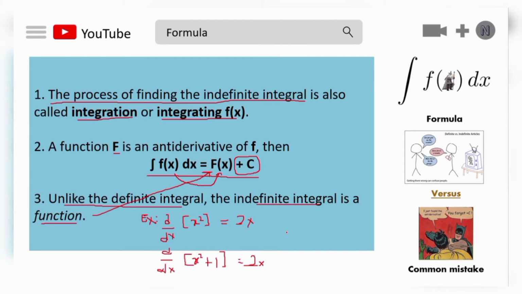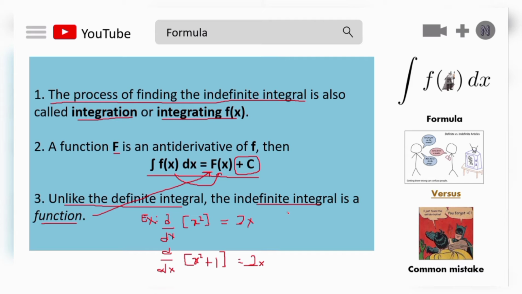So we can conclude the indefinite integral is: what is 2x the derivative of?